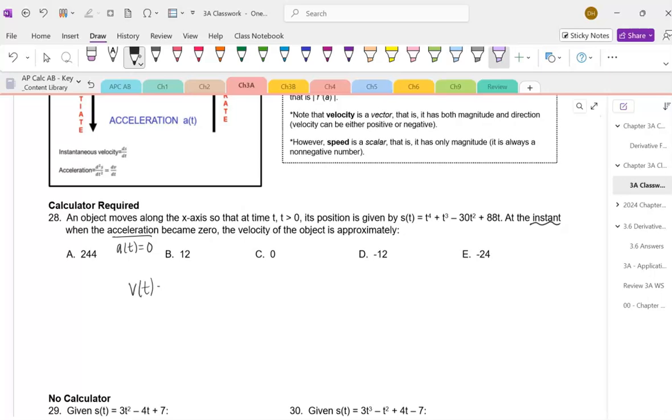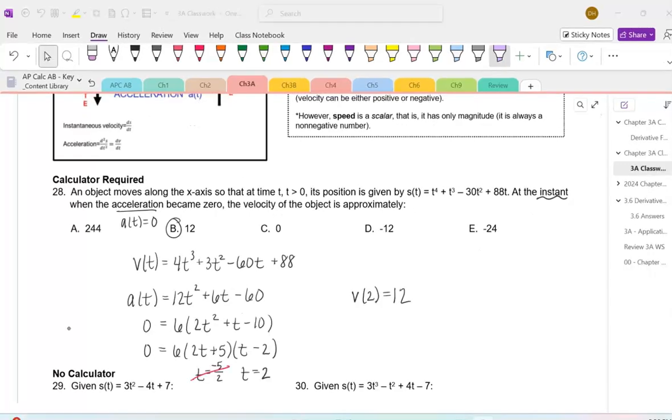So from position, we get to velocity. So we have 4t cubed plus 3t squared minus 60t plus 88. Then from there, we have to find acceleration. So we have 12t squared plus 6t minus 60, and then 88 turns into nothing when we take a derivative.